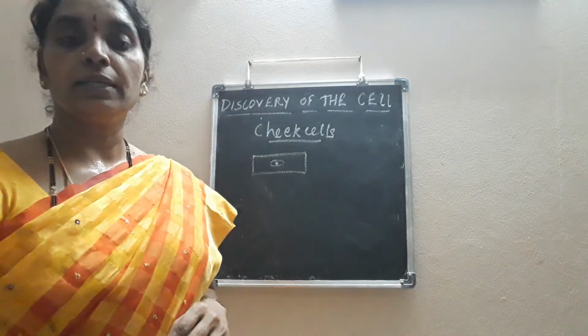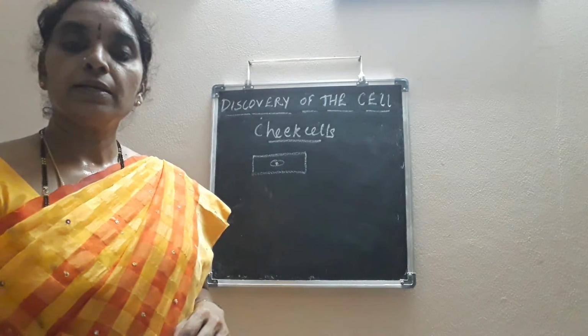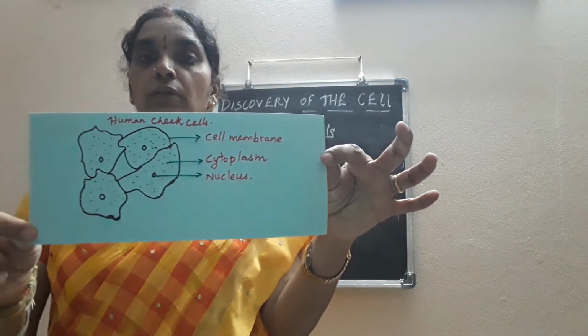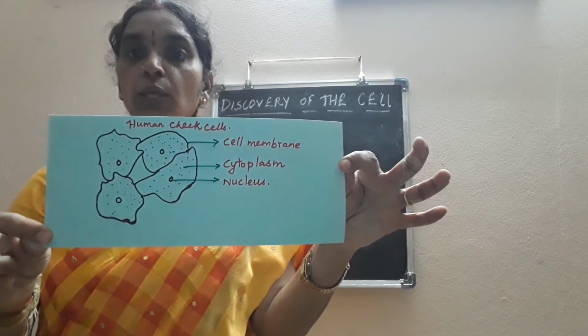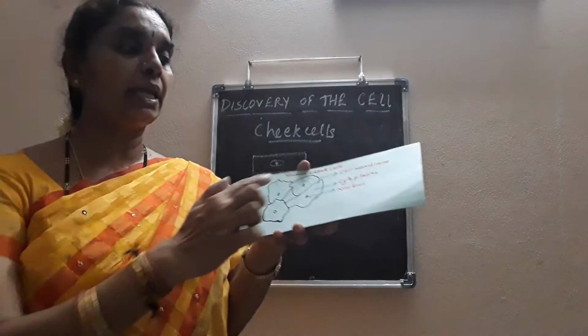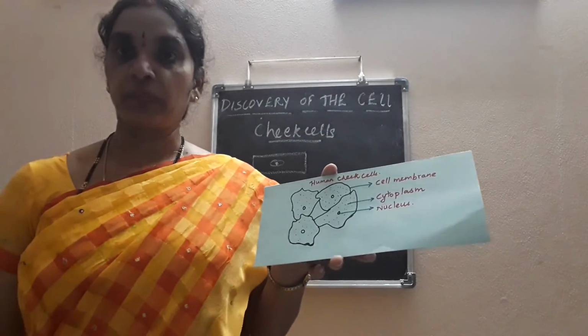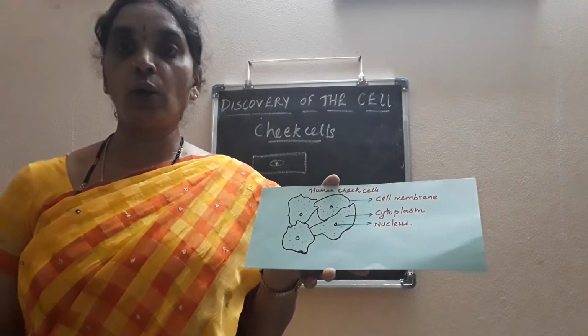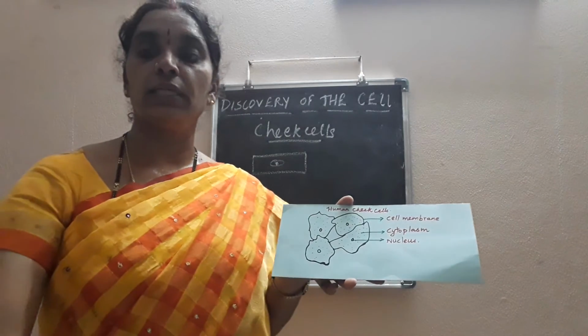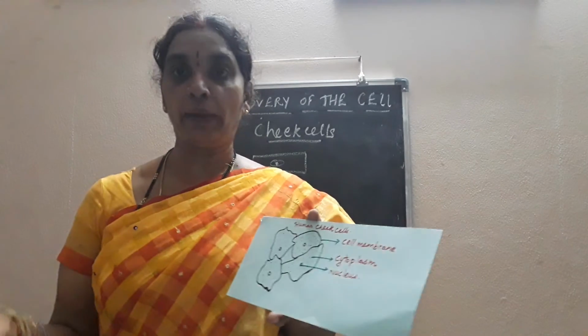Okay, children, now see here, this is a structure of animal cell, that is the human cheek cells. You can see the cell membrane only in the animal cell, but not the cell wall. So what is the difference between the cell wall and cell membrane?